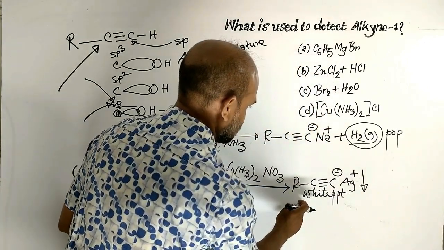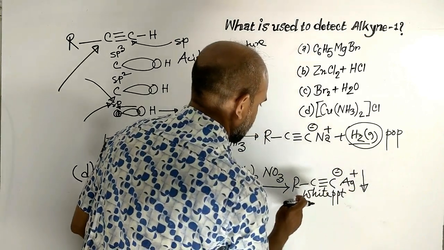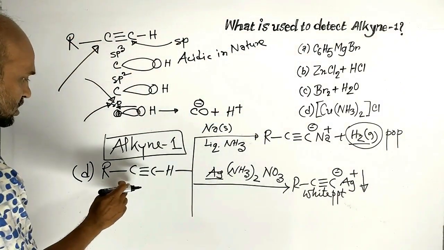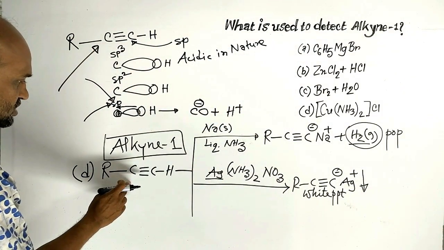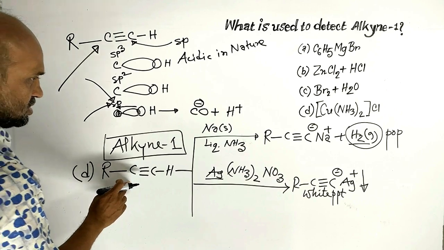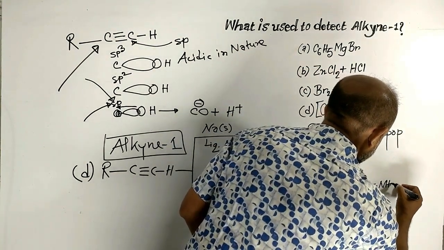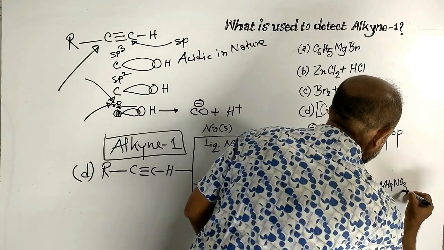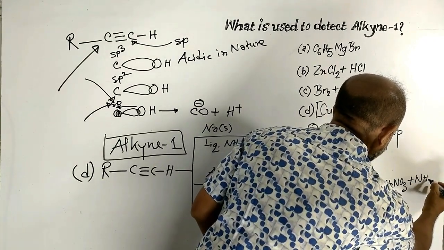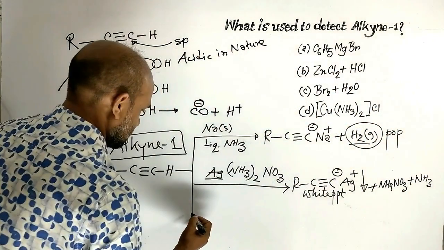This white precipitate of silver alkynide proves the presence of Alkyne-1, which is acidic in nature. Here, byproducts are ammonium nitrate and ammonia gas.